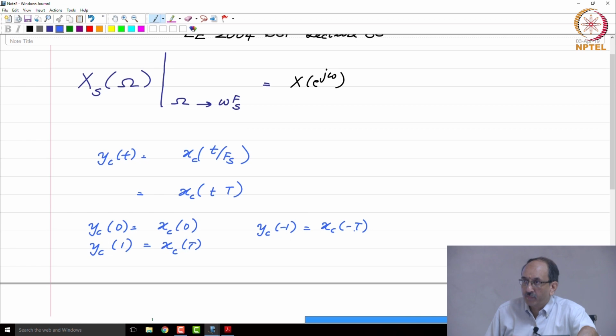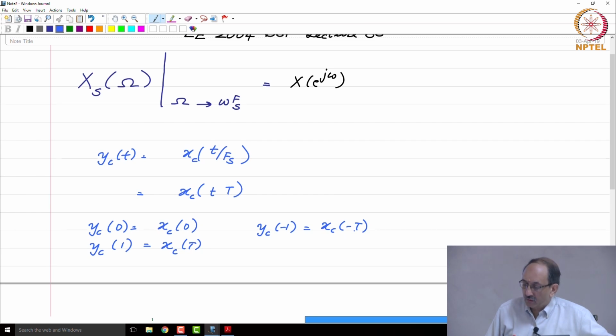So, this compression by a scale factor of fs in the frequency domain, when I say compression, I am assuming it is the case where fs is greater than 1, which is the typical case that appears in practice.